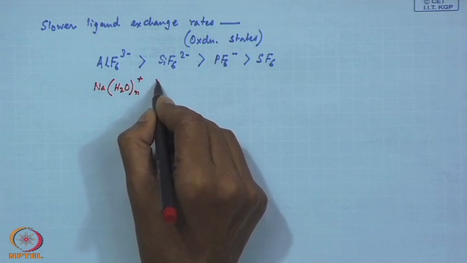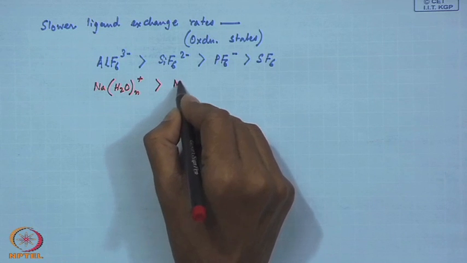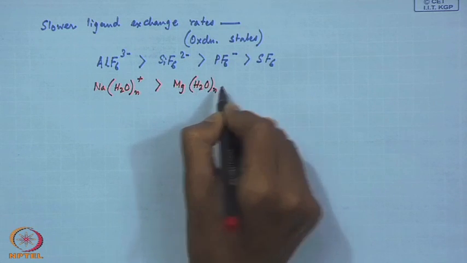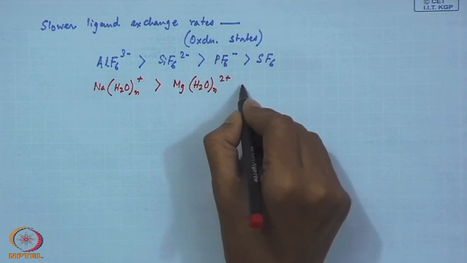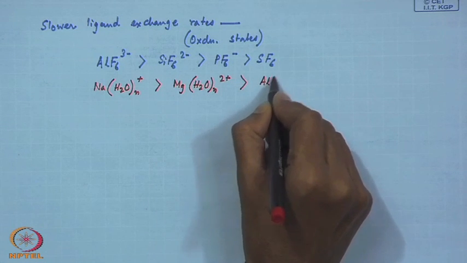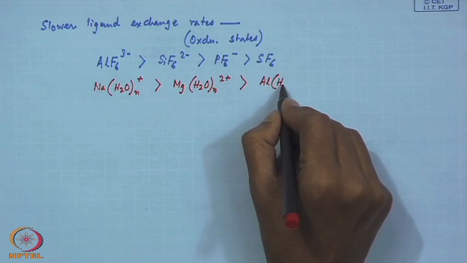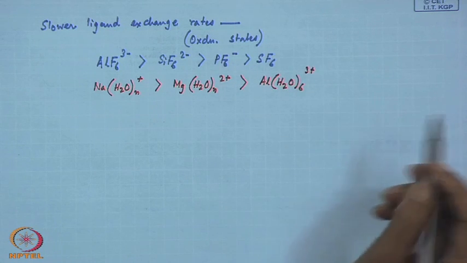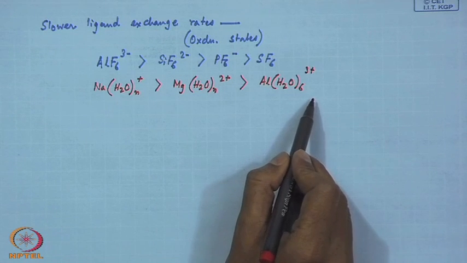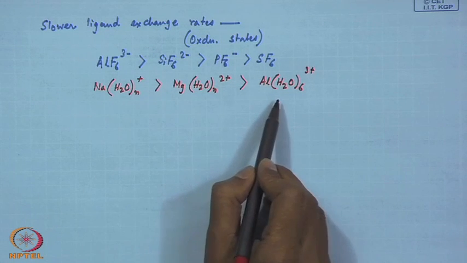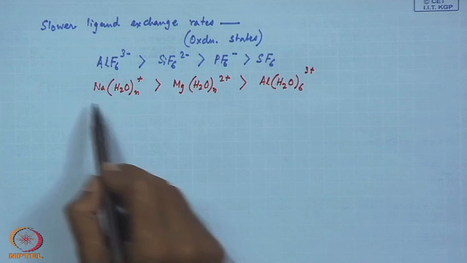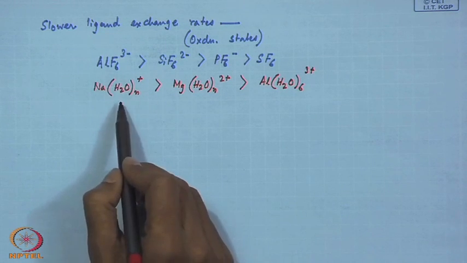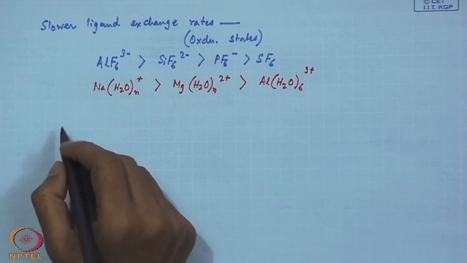For monocationic sodium, the rate is higher than that of our magnesium aqua compound, which is bivalent, and which is greater than that of aluminum 3 plus. So, as we change the oxidation state, the rate of the reaction decreases, and we have the highest possible rate of exchange, whether it is fluoride exchange or water exchange, for the lowest oxidation state.